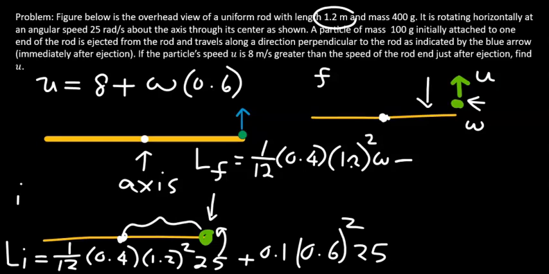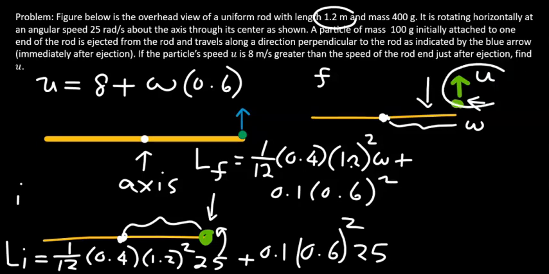Now let's add the angular momentum of that point mass after ejection. So that would follow the m r squared omega equation. The mass is 100 grams, so 0.1 kg. The distance r from the axis is half of the length of that rod, which means 0.6 meters. Square that. Now what about its angular speed?